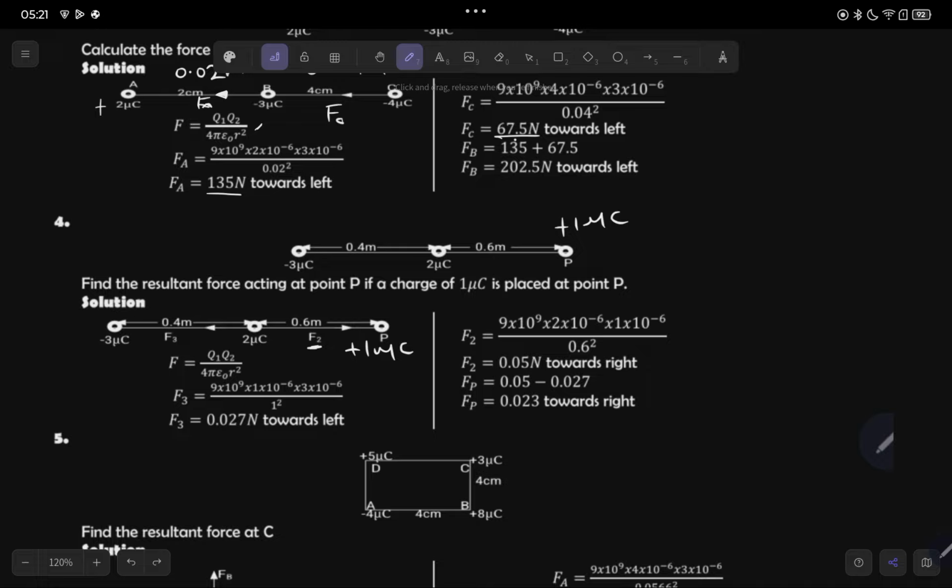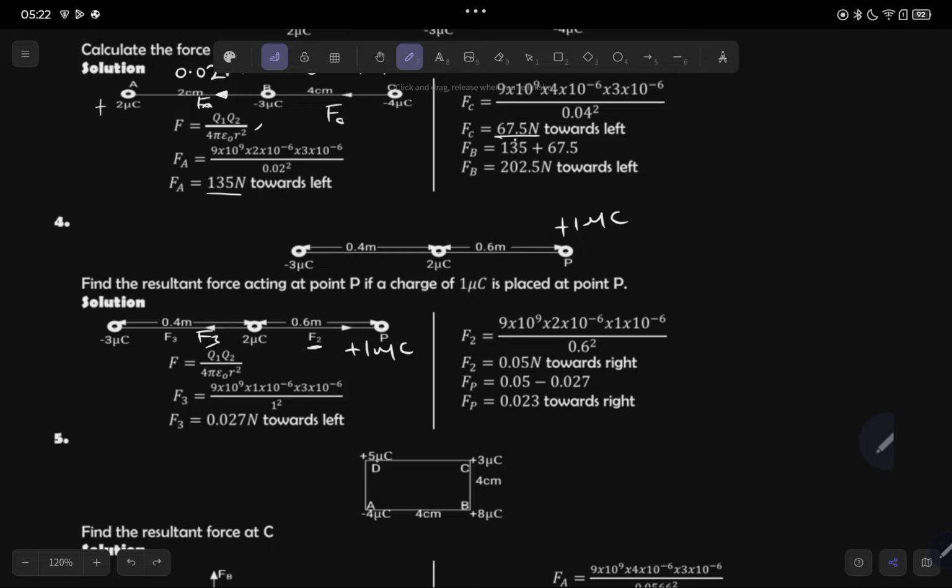Then the same charge at P, since it's positive and the 3 microcoulomb charge is negative, will be attracted, pulled towards the negative charge. That's why you're seeing here there is a force F3 acting towards the left. So we have two forces, F3 towards the left, F2 towards the right. Now the resultant will depend on which of the two is a stronger force.